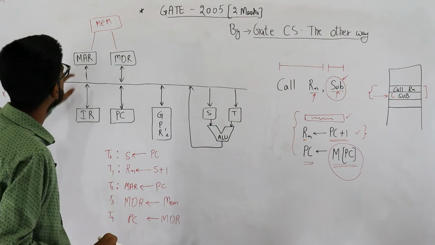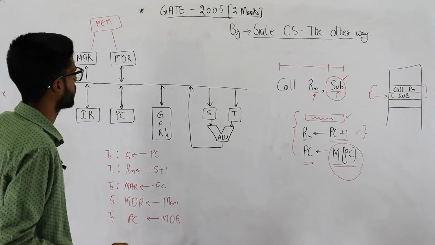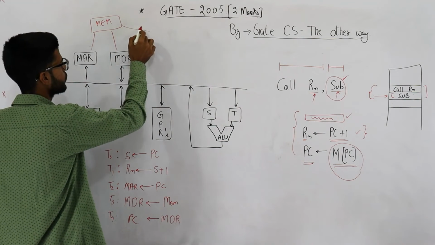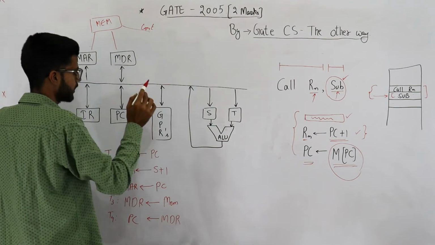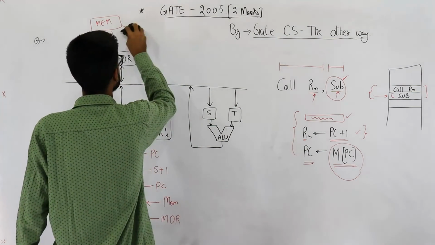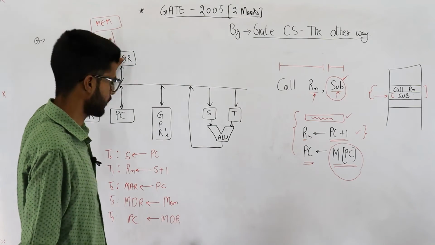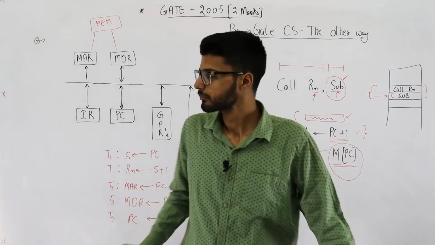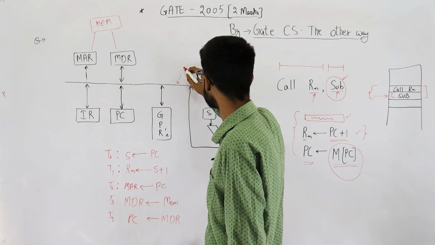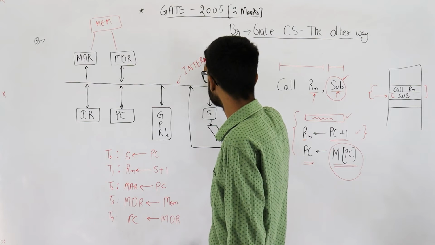This bus is called the address bus. This bus is called the data bus. There's one more bus that I'm not representing here, the control bus. Anyway, let's not draw this control bus here. Now, why am I telling you these things? It's because this bus is called the internal bus.